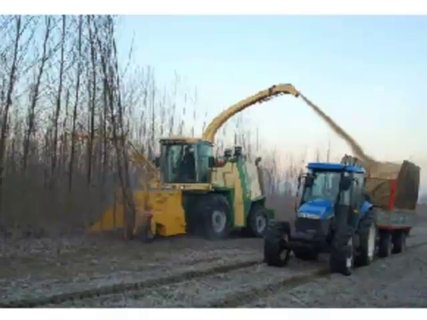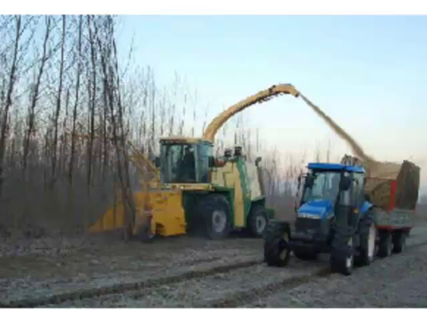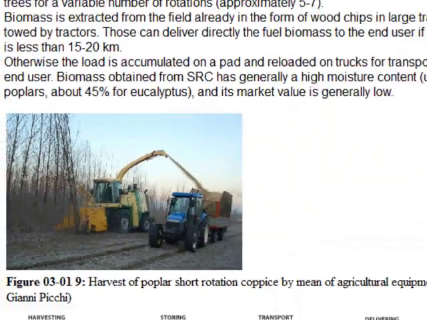For this, then, the harvester will basically resemble a combine harvester for agricultural use, but of course it will be more robust and dimensioned to handle a more coarse and tough material. Typically, the harvester and chipper are combined, as shown in this picture, so that you produce the chips in one operation together with the harvest.